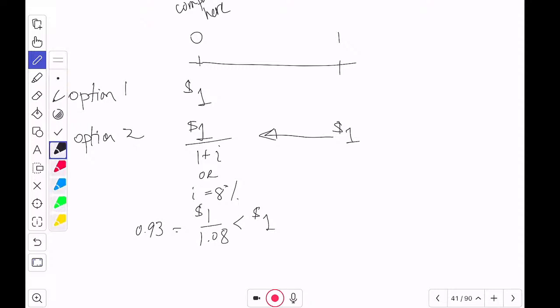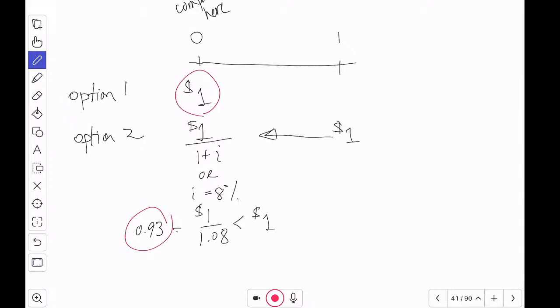So comparing these two, option 1 is greater. And it's also just simple, like why is that the case? Because you get the dollar now, you can do something with it now. Why would you wait? You could invest it now.